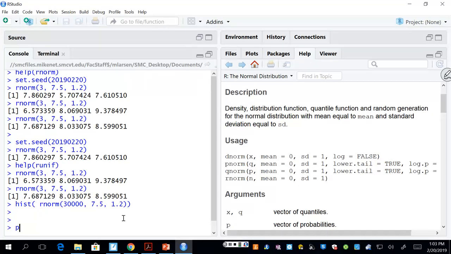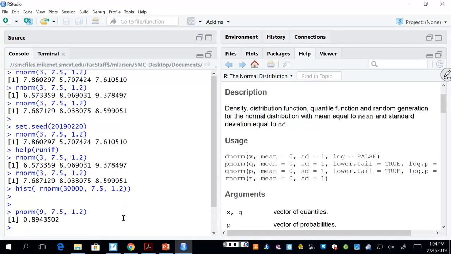So what's the probability that a baby born at term is less than 9 pounds? If you put 9 in here, and then tell it the mean and the standard deviation, it'll calculate that the probability is 0.894, about 89%.